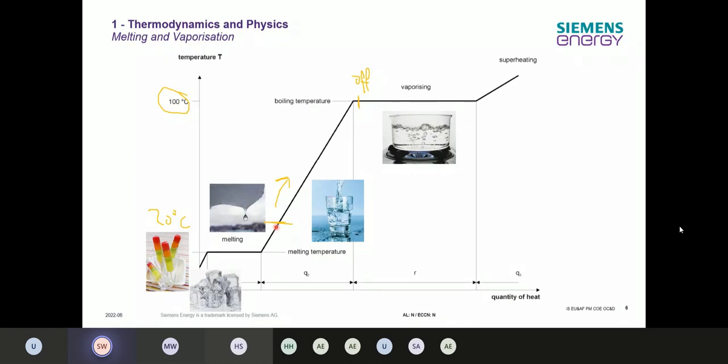In the power plant, let's say we have this part over here, which will happen in the preheater, and in the preheater, this boiling temperature is depending on the pressure. So the higher the pressure is getting, the higher our boiling temperature is getting. For this example, 1 bar, 100 degrees, our water is boiling.